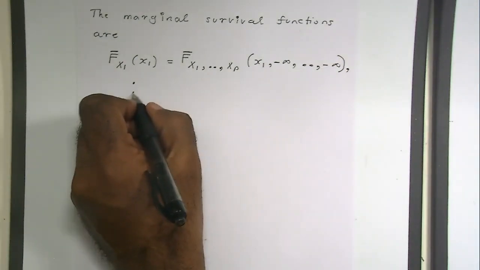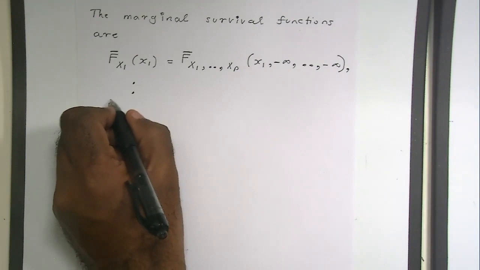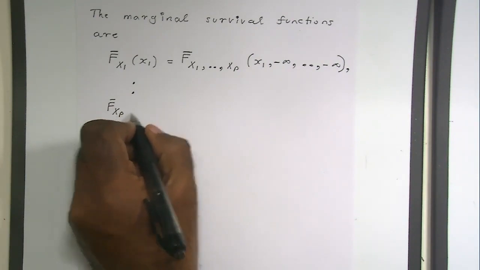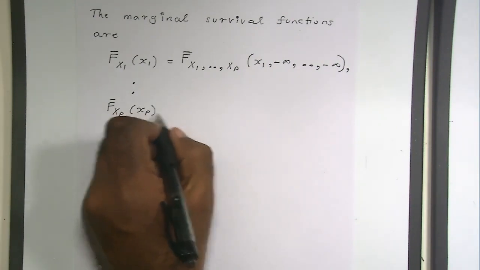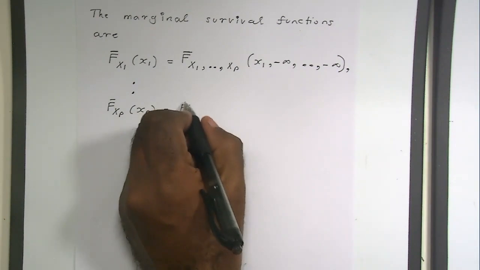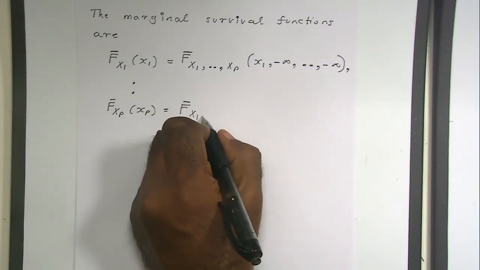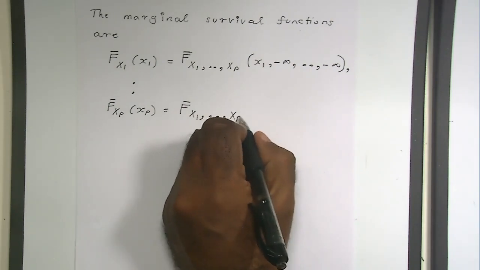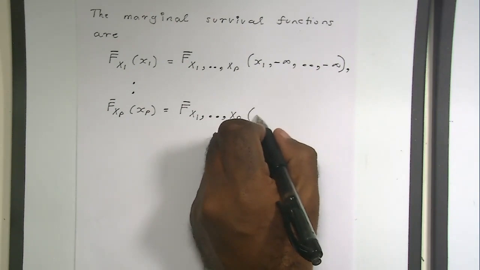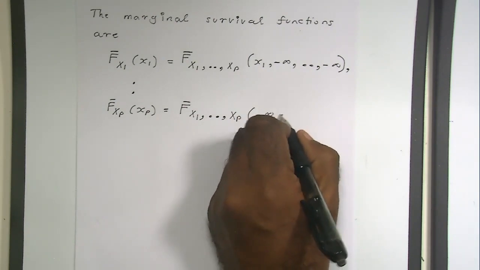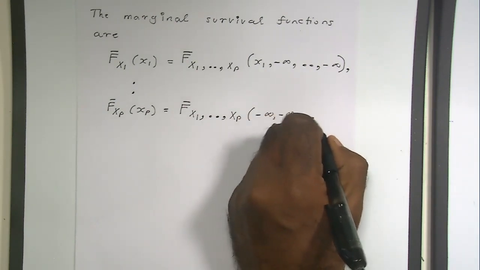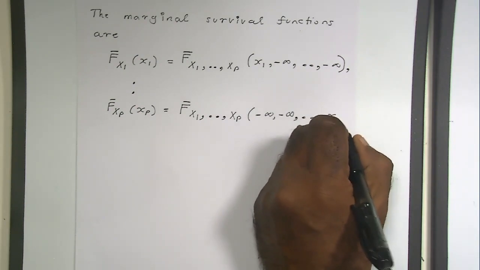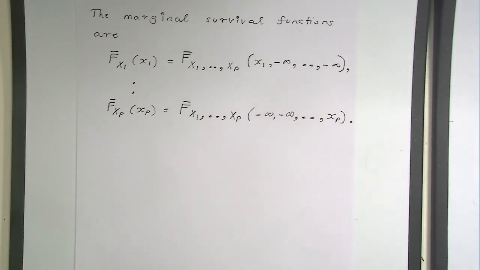And so on for the last of the marginal survival functions, you put minus infinity in every place except at the last place. This is how you obtain the marginal survival function from the joint survival.